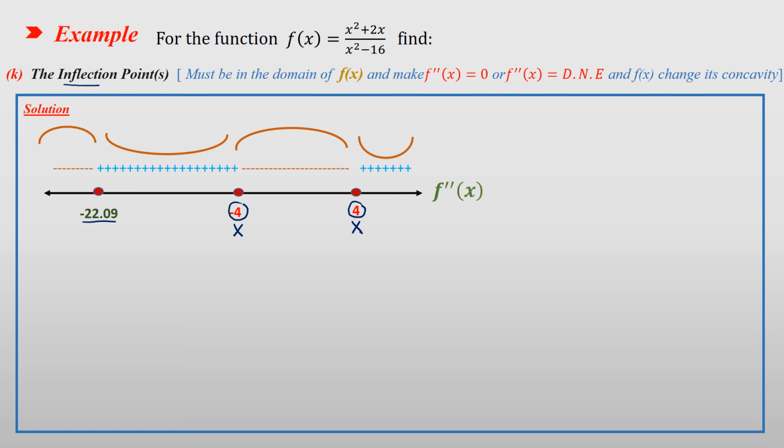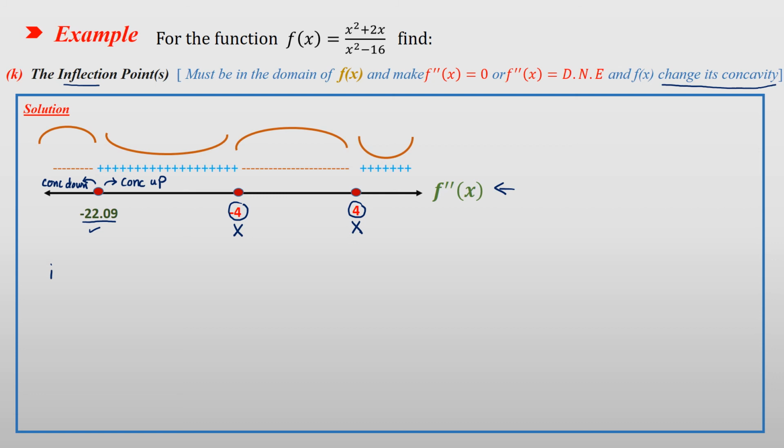So firstly, f double prime of this point is equal to 0, but you have to check if we have a change of concavity. For our graph of f double prime, you can see that to the right of this point the function is concave up, and to the left of this point the function is concave down. So since we have a change of concavity around this x, this is an inflection number.